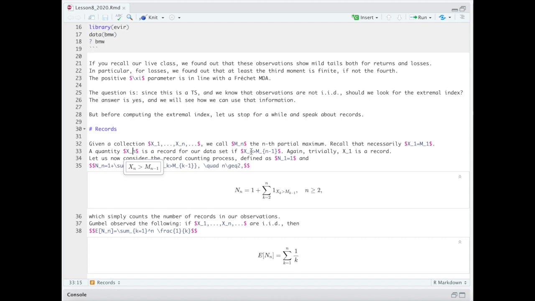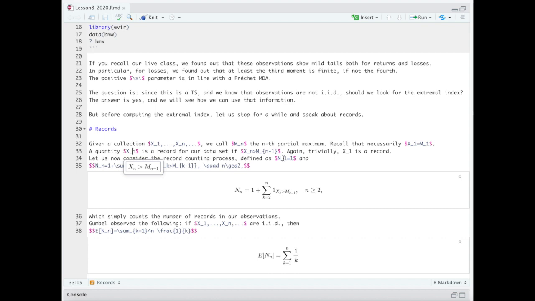So, once again, trivially we have that x1 is a record. So we have that x1 is a partial maximum and a record. But for all small n larger than 2, not necessarily x2 is a partial maximum and a record. And the same for x3, x4, x5, and so on.